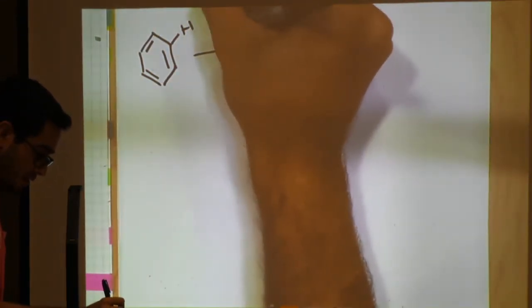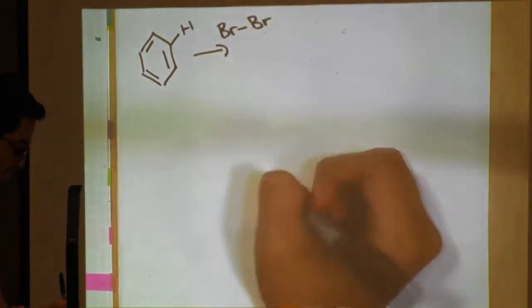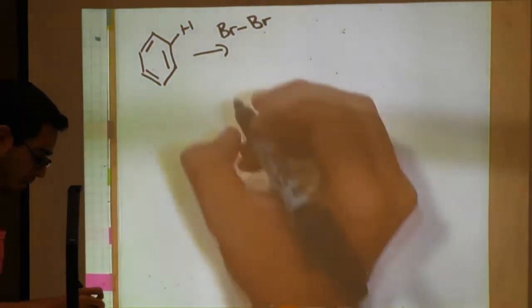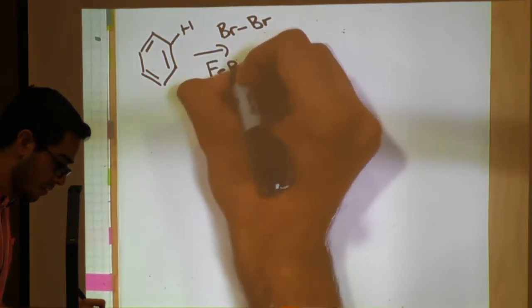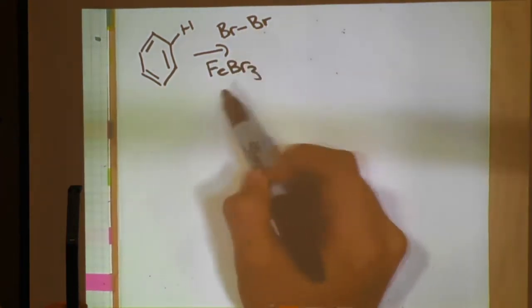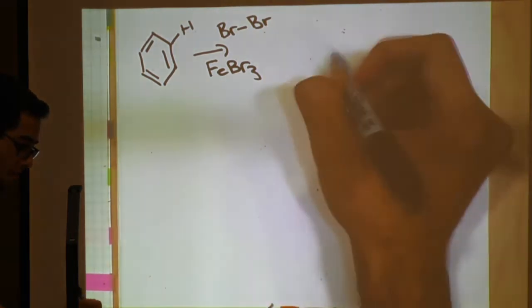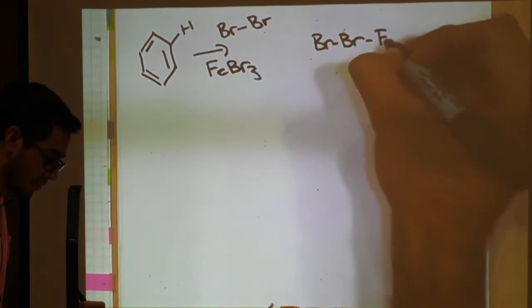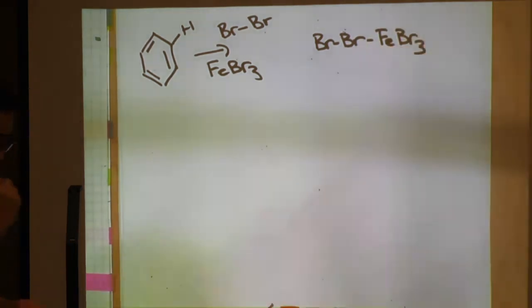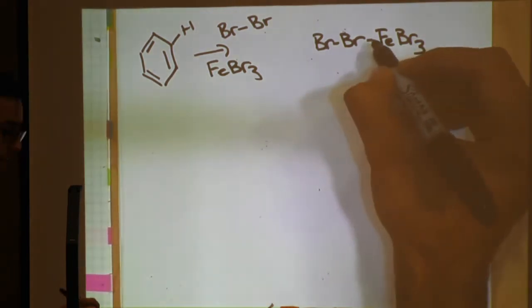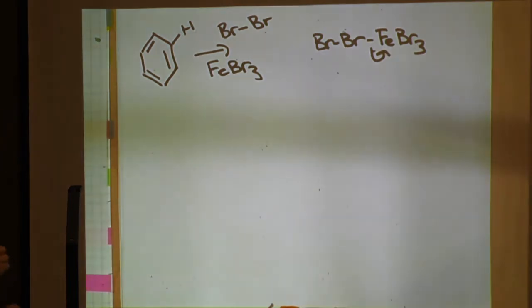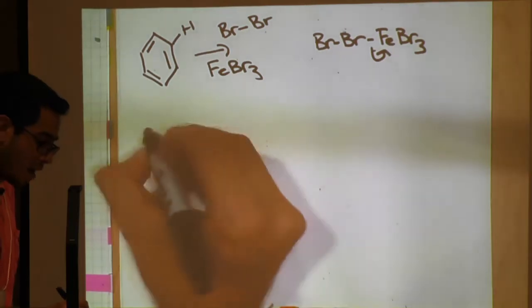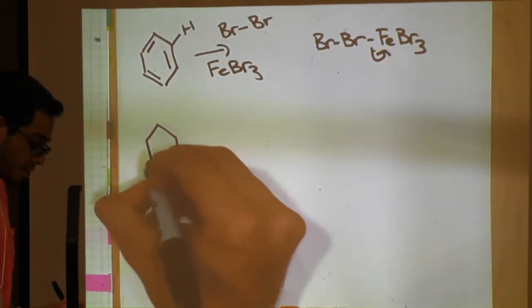So if we have Br attached to Br, with FeBr3, we're going to attach these two, and that gives us Br, Br, Fe, Br3. And so we can create an electrophile by cleaving this bond and giving the electrons to FeBr3. And now our reagent is going to be the electrophile.